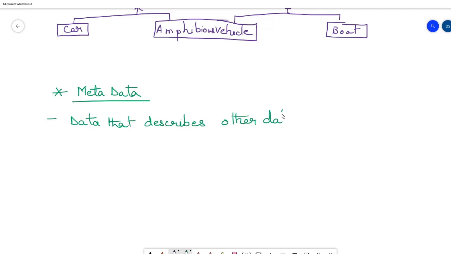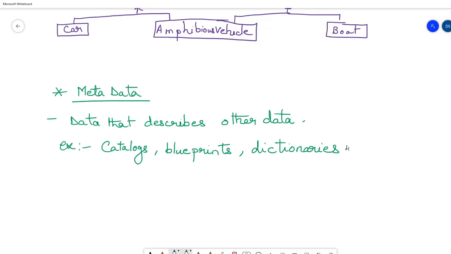For example, catalogs, blueprints, and maybe dictionaries. These are a few examples of metadata. When a data model is created which defines the metadata, we call it a meta model.